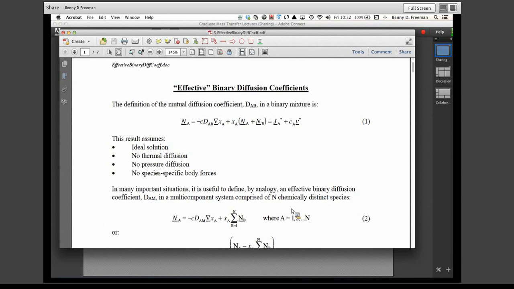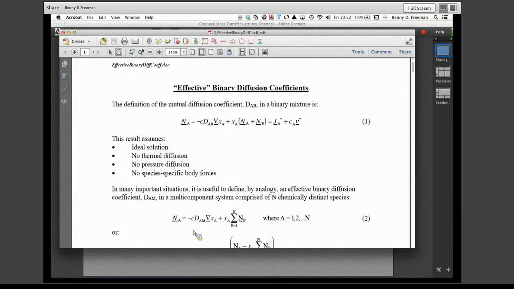But it's to treat that mixture as a pseudo-binary mixture where the component of interest is diffusing in a mixture and its diffusion coefficient is given by an effective or average diffusion coefficient.